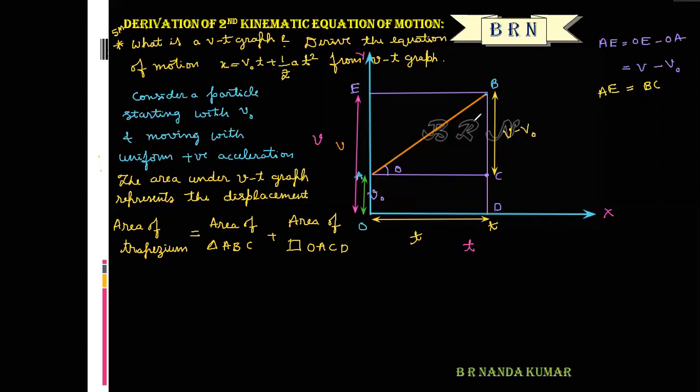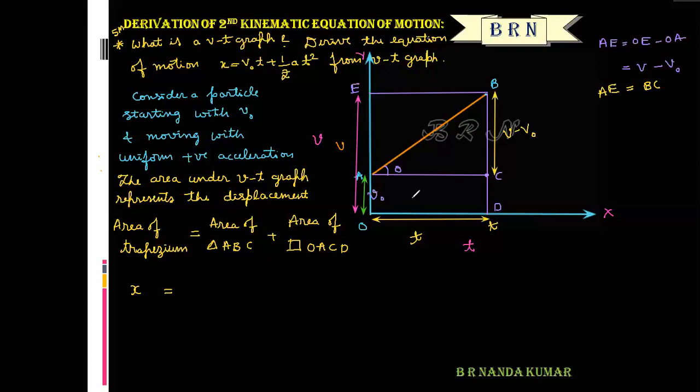So area of right angle triangle plus area of rectangle gives the area of trapezium. Is it not? So area of trapezium, that is displacement. Area of trapezium is x, because area under VT graph represents the displacement. Let us consider x be the displacement of the particle.